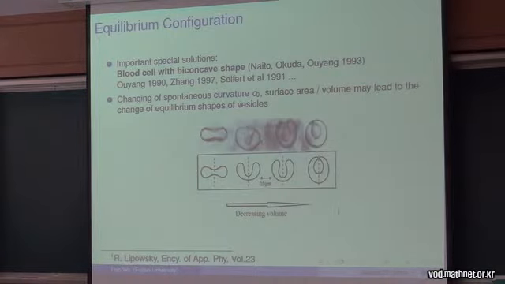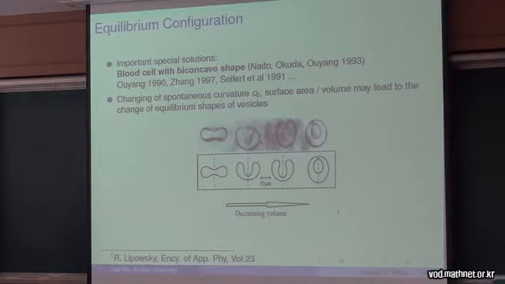So for instance, we just give an example. When the spontaneous curvature C0 is not 0, then in 1993, those authors found a special solution of the membrane shape, which is exactly the blood cell. So it's a biconcave shape.